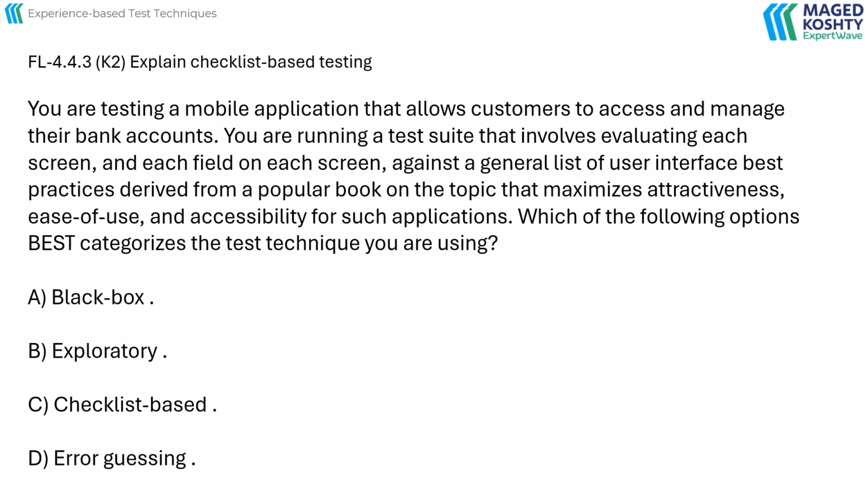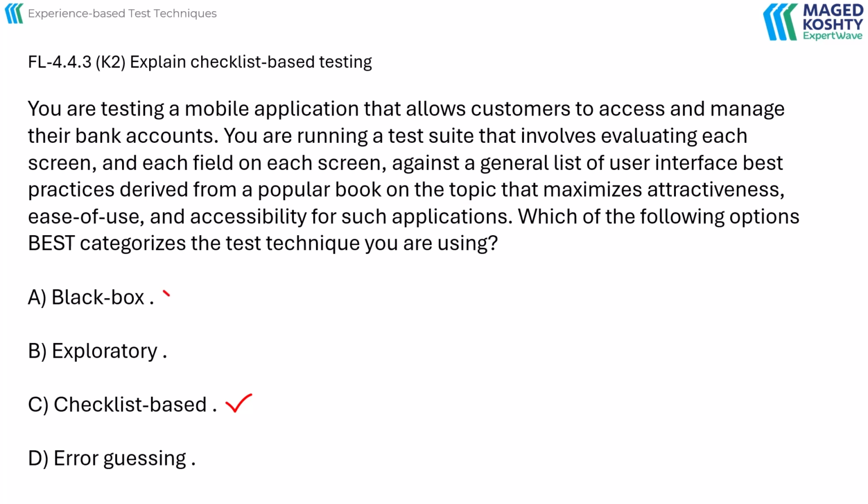You are running a test suite that involves evaluating each screen and each field on each screen against a general list of user interface best practices derived from a popular book on the topic that maximizes attractiveness, ease of use, and accessibility for such applications. A general list of user interface best practices is a description of using a checklist-based testing technique. So the correct answer is C.